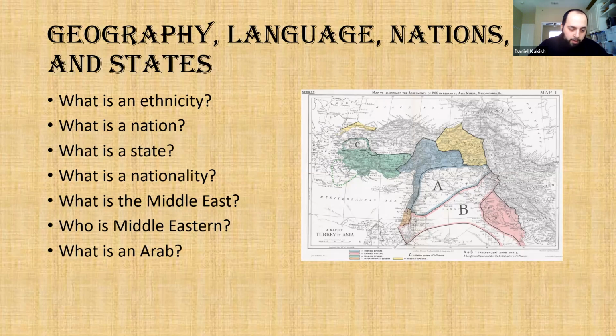Again, back to the state thing, right? So the nationality is what state you live in and have citizenship in. That does not mean you identify ethnically with it. That just means that you have that nationality, not that ethnicity.